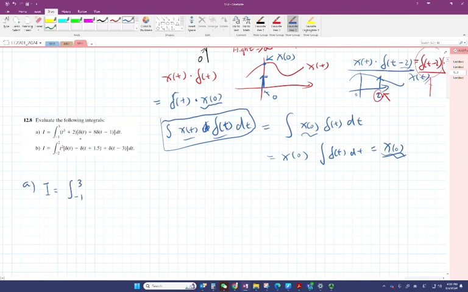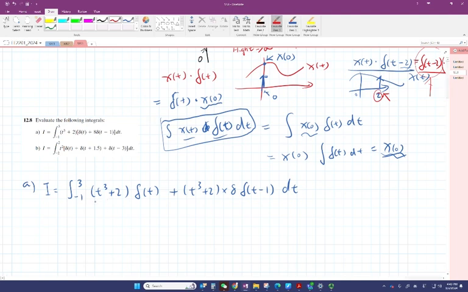Let's expand the brackets, so it becomes (t cubed plus 2) multiplied with delta t, plus the same function multiplied with 8 delta t minus 1, dt. We can actually separate it into 2 integrations.